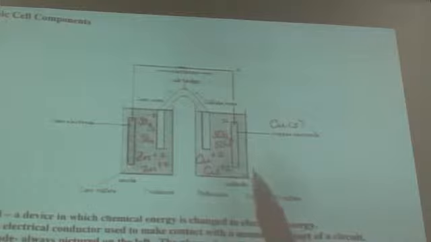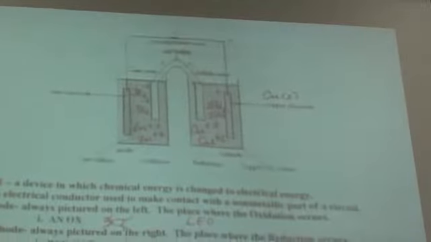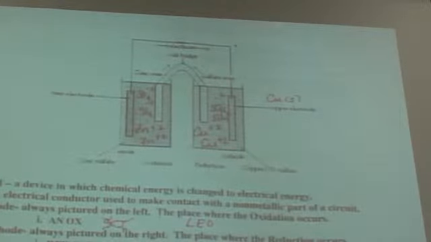At the cathode, which I will always picture on the right for you, this is the place where reduction occurs. Red cat, get it? Here's some more cat-based stuff.